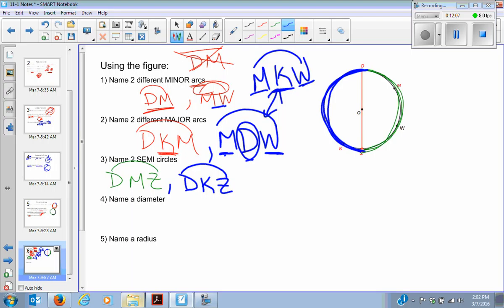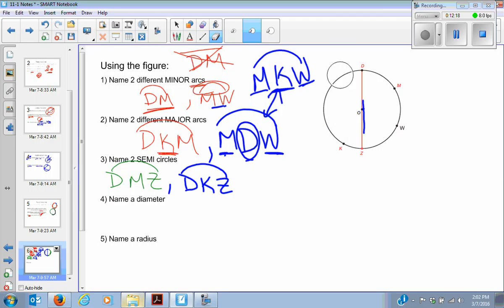All right, name a diameter. Remember, a diameter goes from one side of the circle all the way to the other, and it goes through the middle. So if I wanted to name a diameter, I would name D, Z, and it would be a line segment.